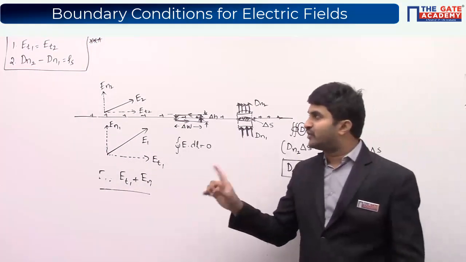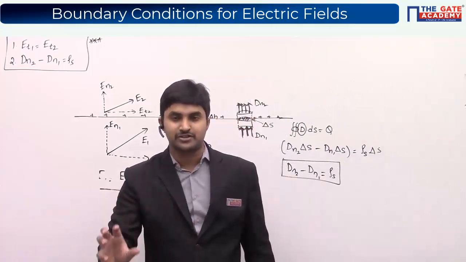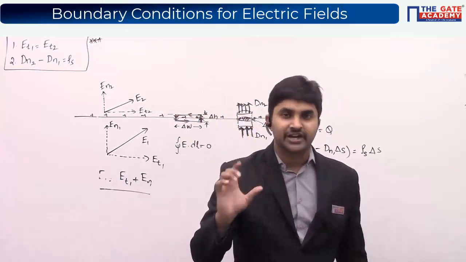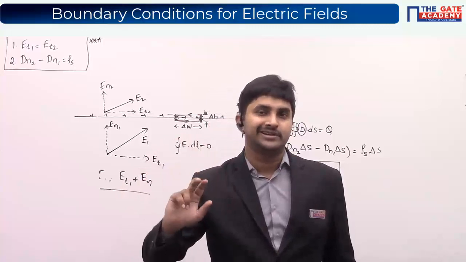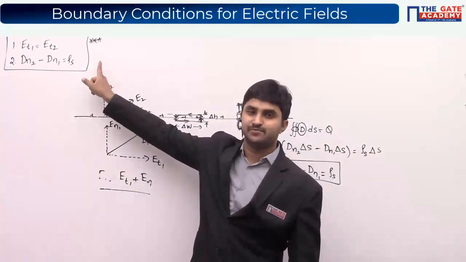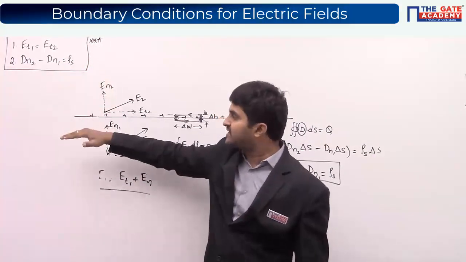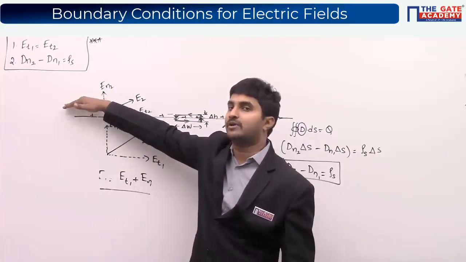The first thing in this sort of problem is that, given a particular electric field, we have to find the tangential component and the normal component. The second thing we apply is the boundary conditions themselves. We equate the tangential components, because the tangential component of the first medium is always equal to that of the second medium.